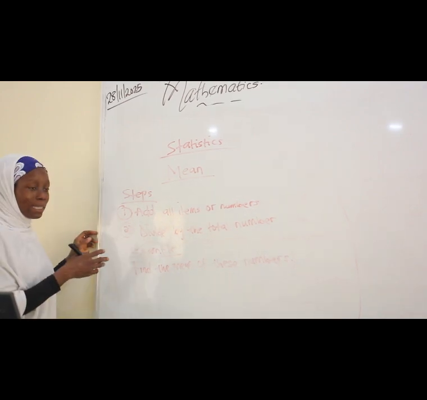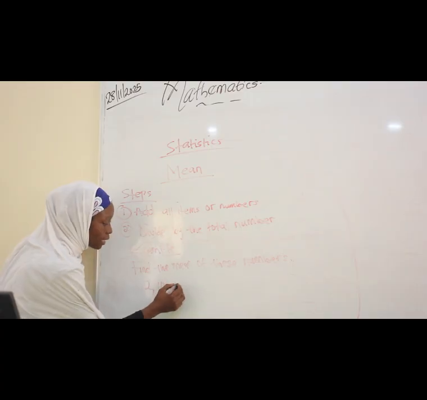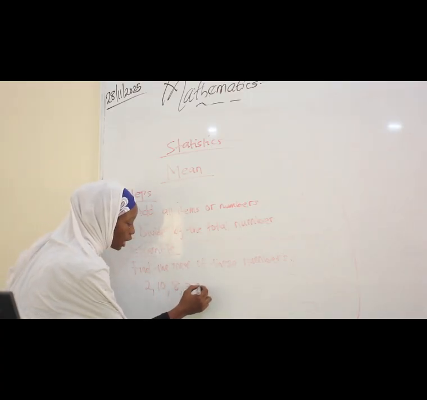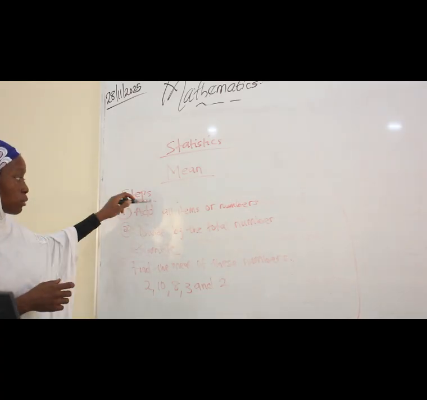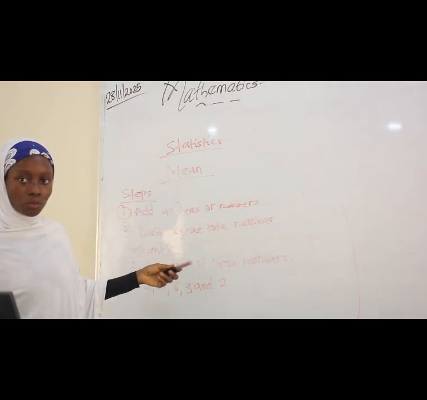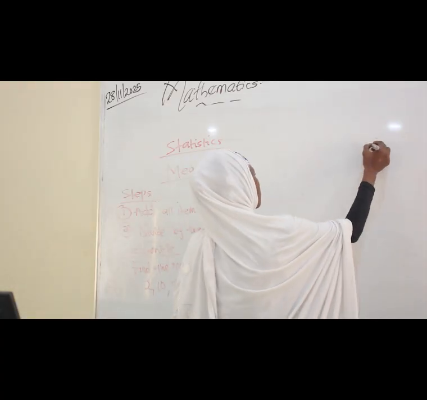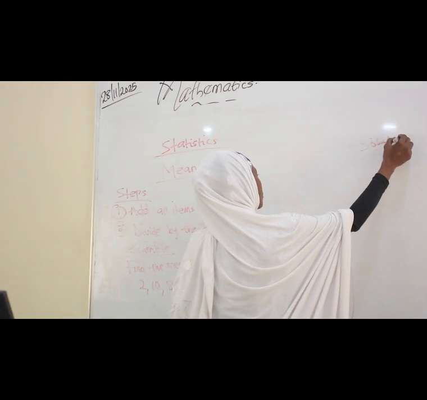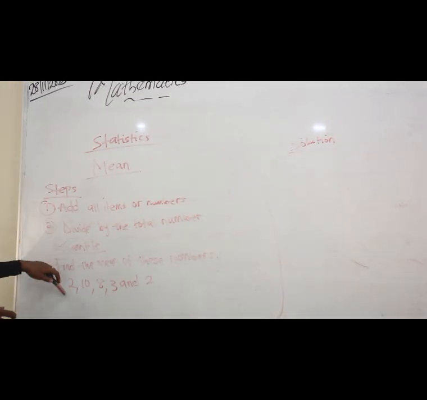So now we have to find the mean of these numbers. We have 2, 10, 8, 3, and 2. And I said these are the steps we follow to find the mean of given numbers or items. Now, solution. Step one, we have to add all these numbers. We sum them up together.